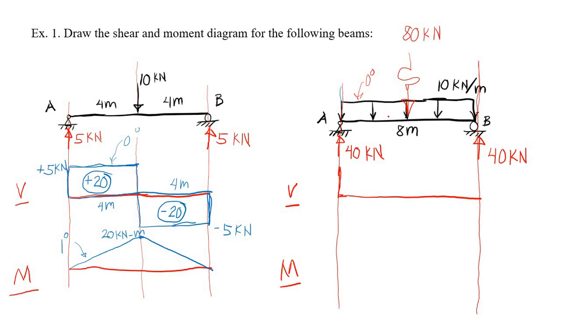And take note, the action of our force is downward. Therefore, we will subtract this total force of 80 over the entire length. So we have positive 40 minus 80, which is equal to negative 40 kN.